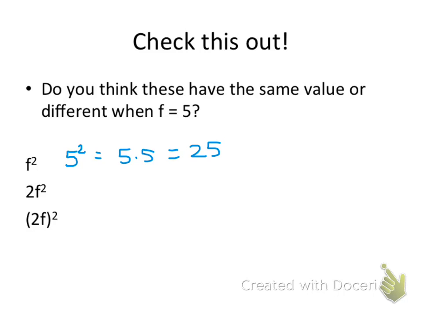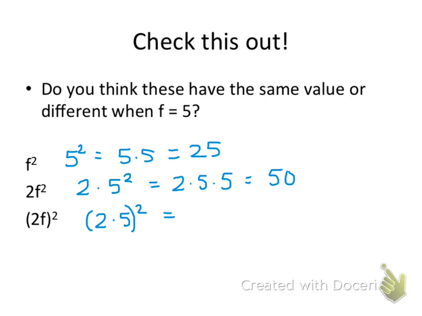In the second one, we have 2 times 5 squared, or 2 times 5 times 5, which will equal 50. And in the third one, because of the parentheses, we will take 2 times 5 first and square that. So it is actually 10 squared, or 100.